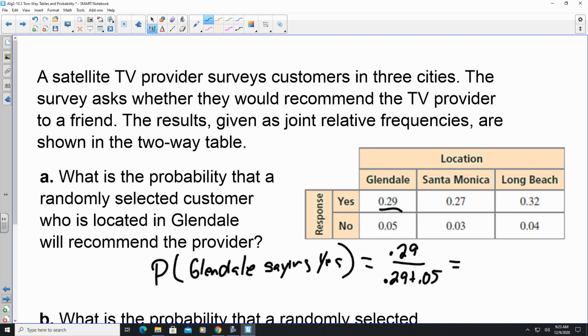When you add those together and divide, it's going to be equal to 0.853, or 85.3%. So the probability that a randomly selected customer located in Glendale will recommend it is about 85.3%.